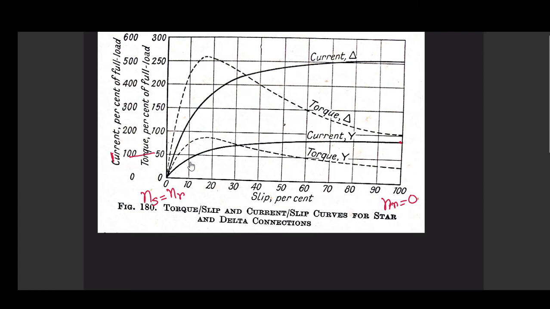So this is 100 for your current scale. See, for star connected stator, the value is greater than, almost 170% of our rated current.